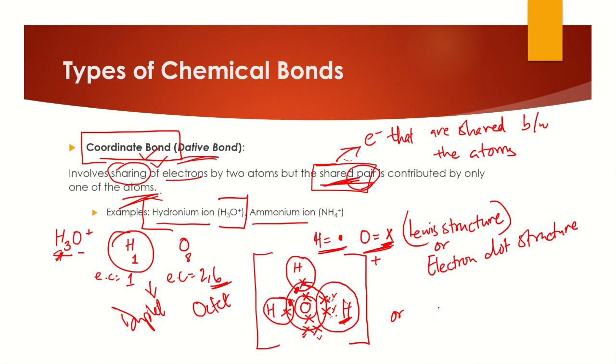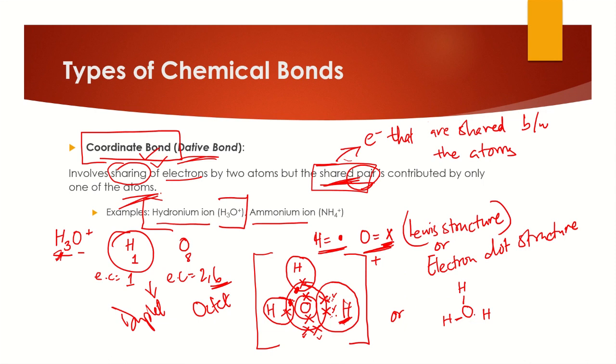If I simplify the structure, we have the one oxygen atom here, then another hydrogen atom, and the last hydrogen atom here. Between the first hydrogen and oxygen, we only see a covalent bond, and the covalent bond here is indicated with a single line. So another covalent bond here.